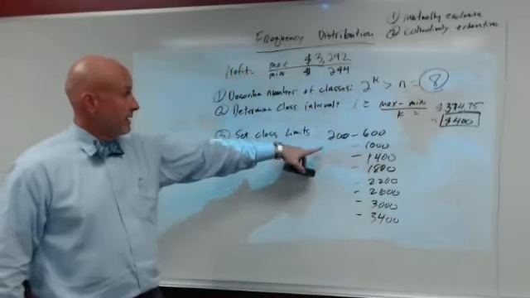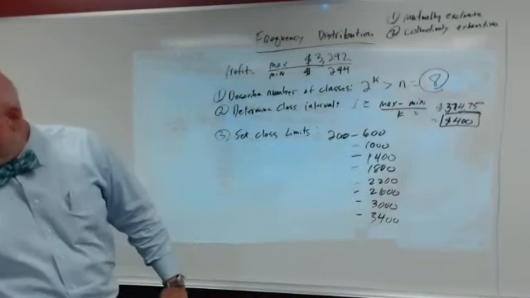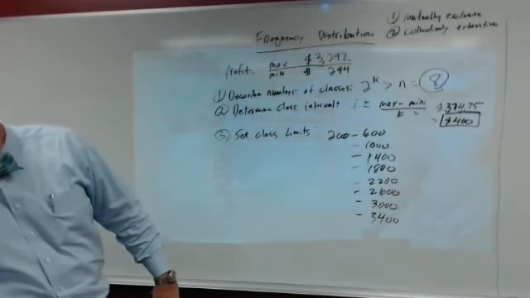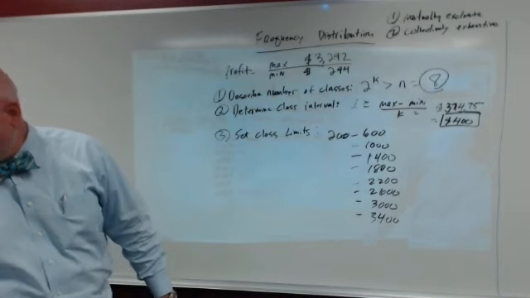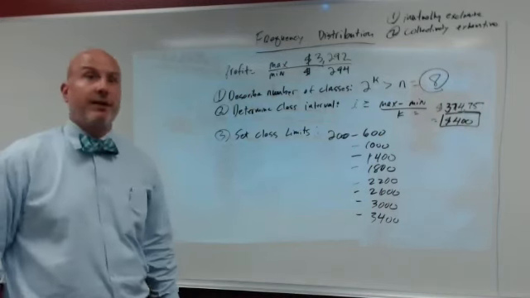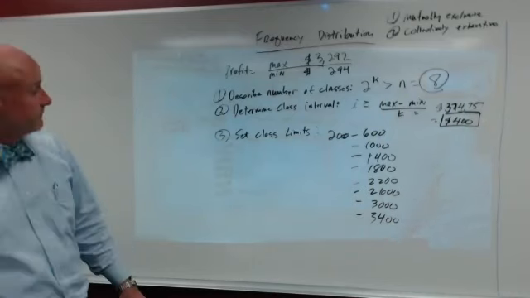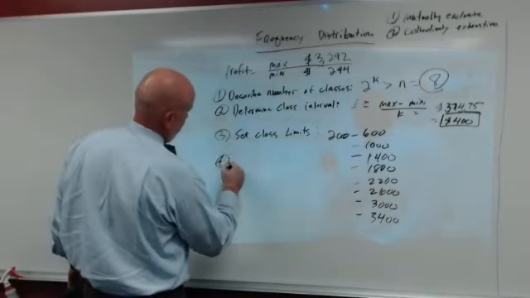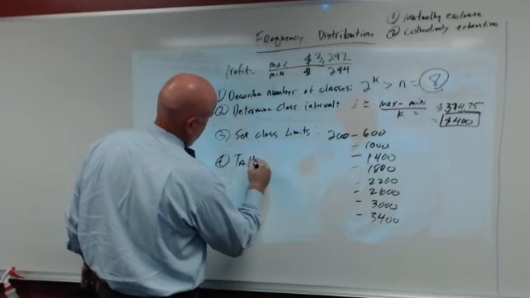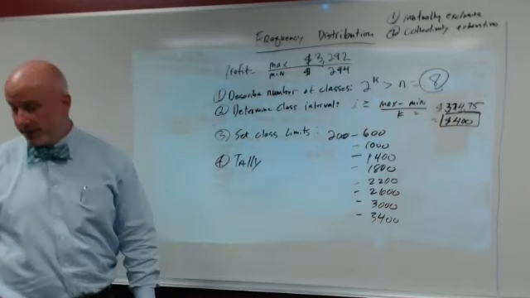Now, all we do is go in and count how many profits ranged from $200 to $600. So step 4 is to tally.